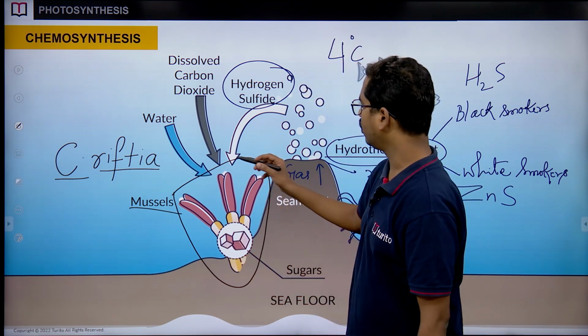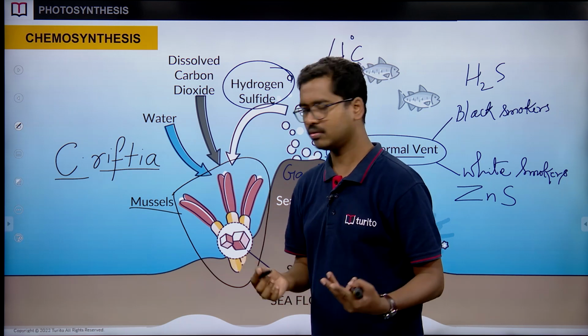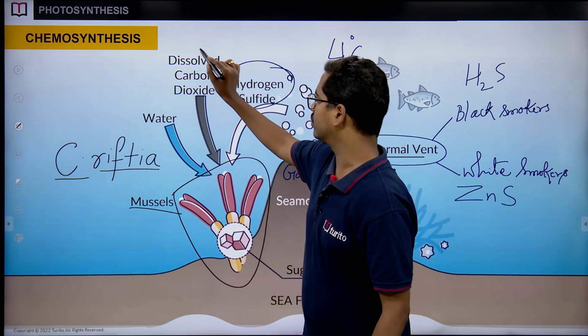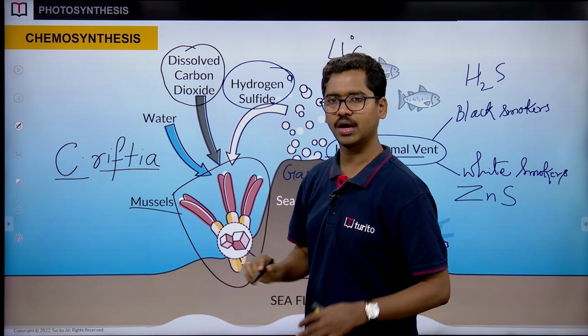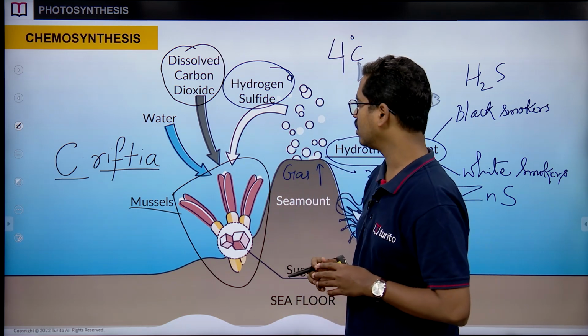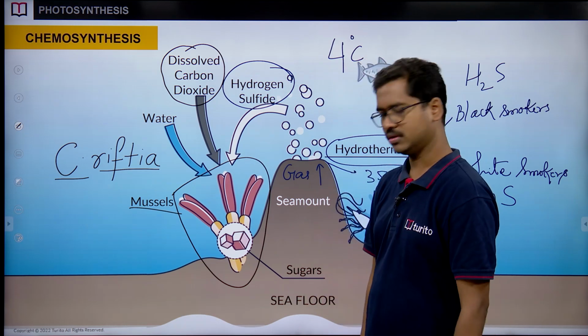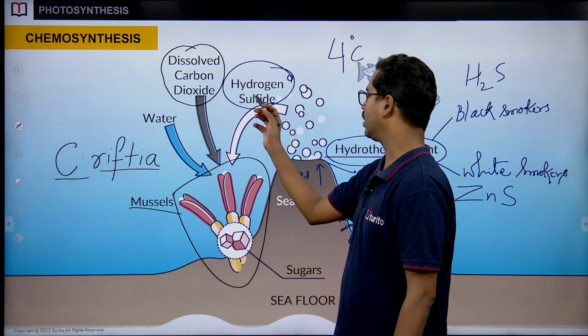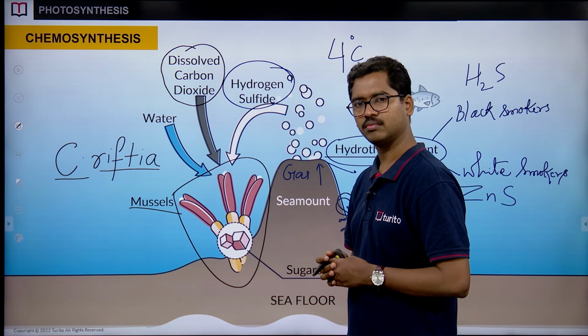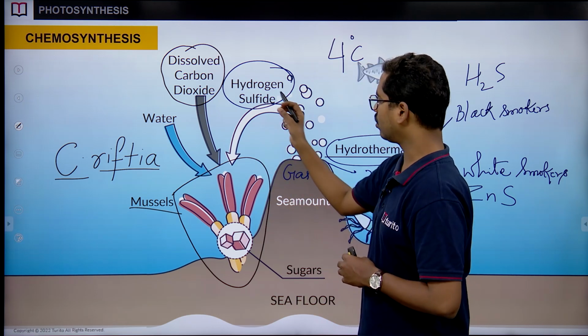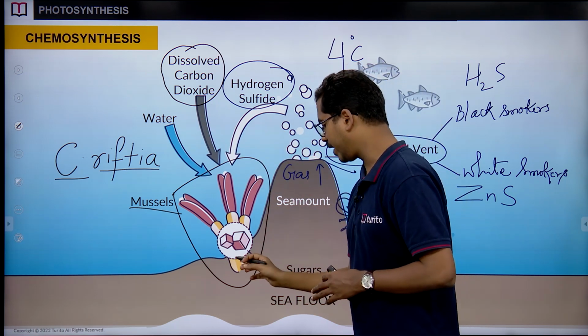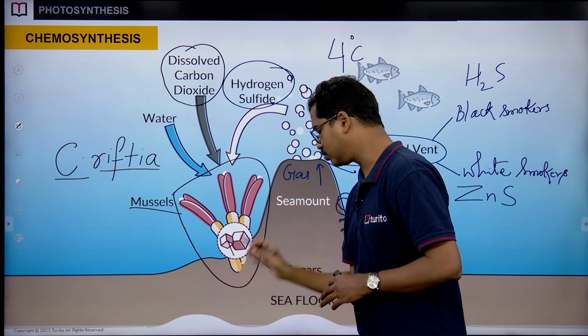Now, we have water available because it is sea, abundantly available, and there is dissolved carbon dioxide available. So, we have no problem with that source. So, we need carbon dioxide, we need water, and of course, at the same time, we have the required hydrogen sulfide. All these three are combined in those bacteria which are living inside this tube-like structure.